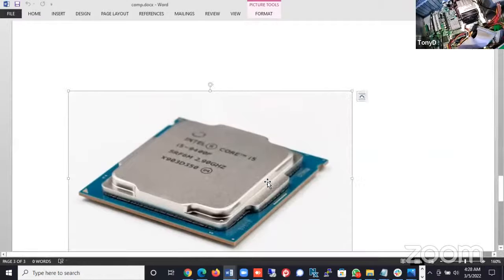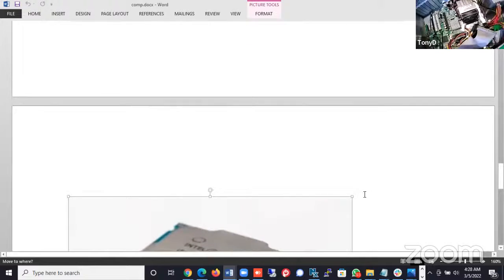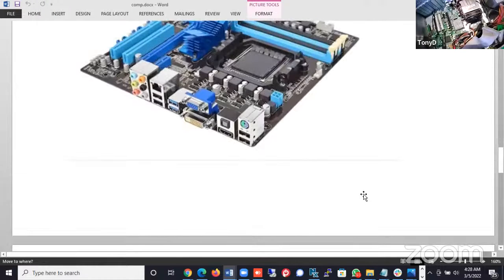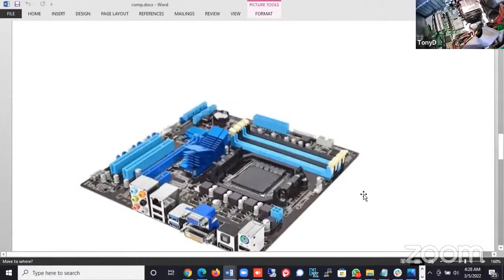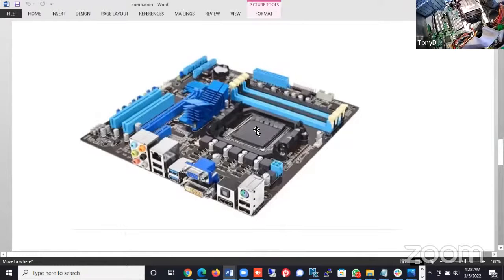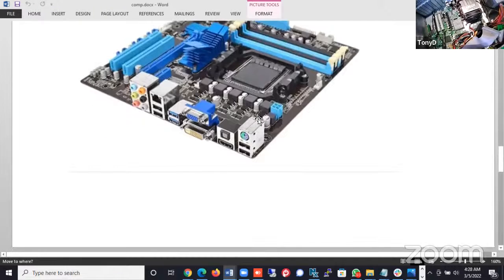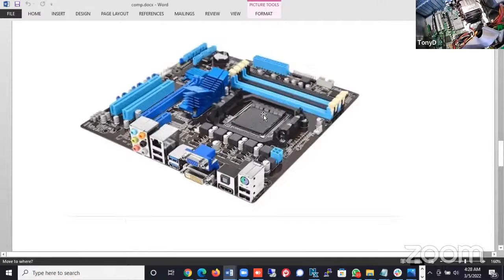This is the main thing of the computer, right? And the connection to this sits right here on the motherboard. Inside the motherboard, that is where it sits. So this is where the CPU sits.